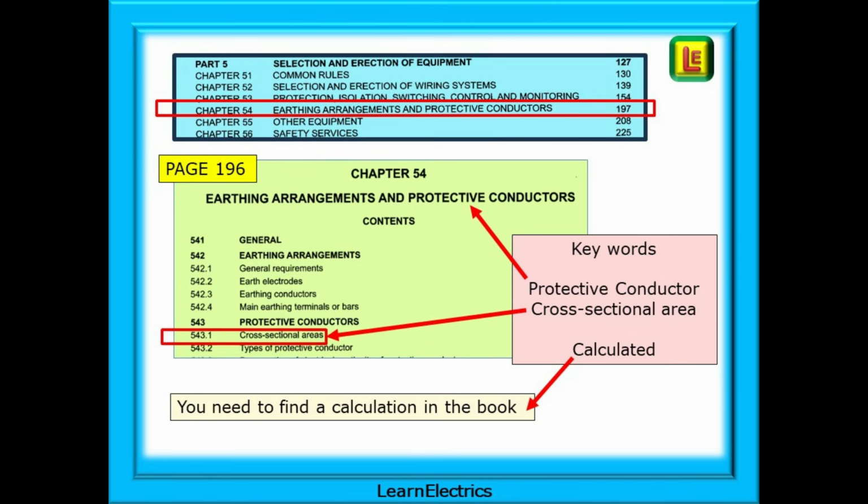It is called earthing arrangements and protective conductors, one of the key words. Looking at chapter 54, page 196 again, we can see protective conductors, and we can see cross-sectional areas, regulation 543.1. Go there now, page 199, and look for a calculation or formula.